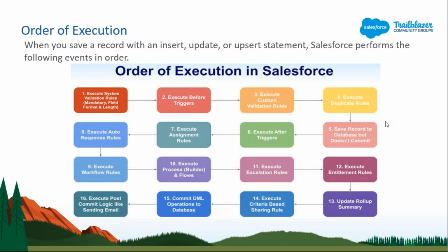We have so many things available in Salesforce, like workflow rule, assignment rule, process builder, triggers, Apex classes, validation rule, formula. So how does Salesforce perform every single task, in which flow or which execution order?